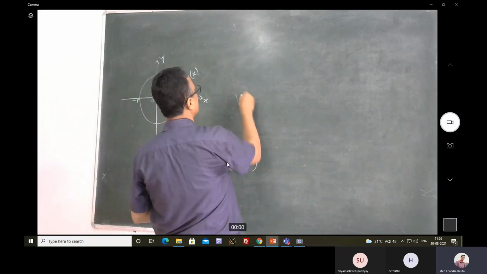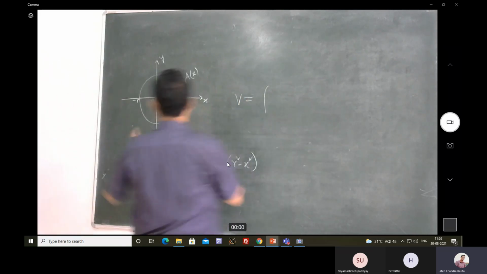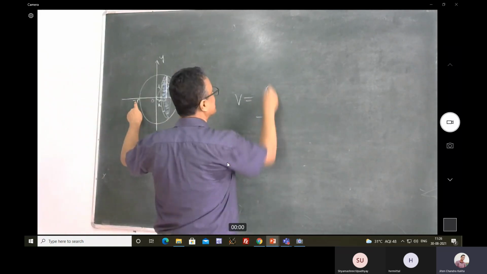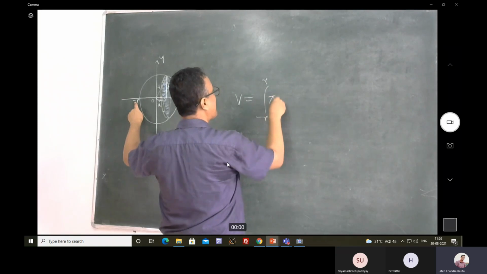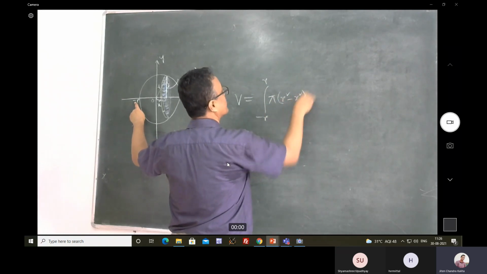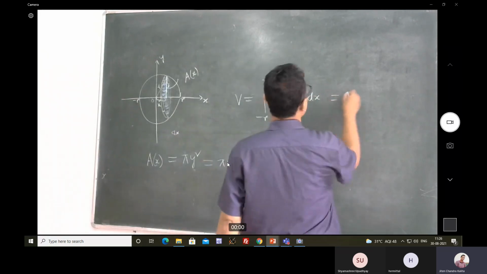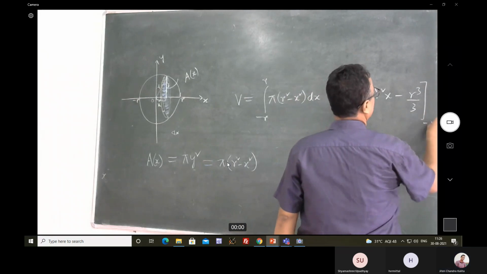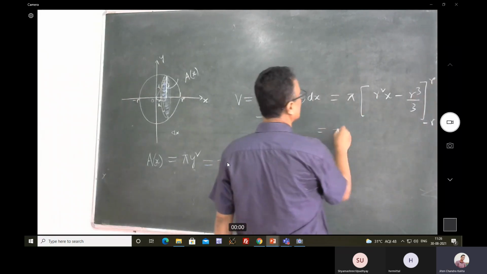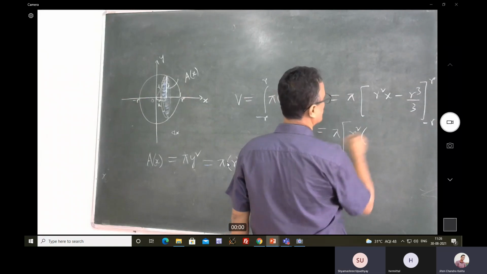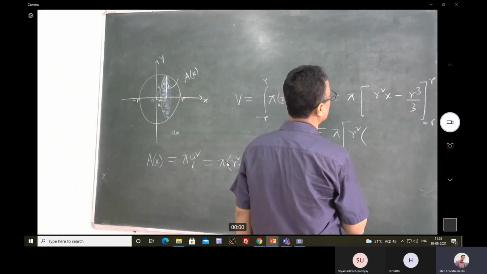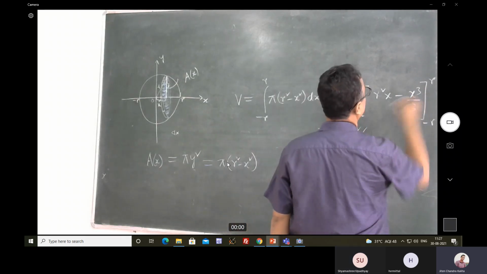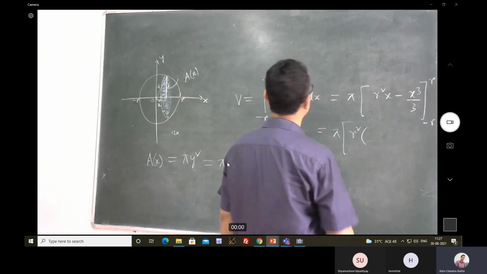Then the volume is simply going to be, with the limits for x from minus r to r, and A of x is pi y squared, the integral of pi times r squared minus x squared dx. This is very easy. So pi times r squared x minus x cubed by 3, from minus r to r.